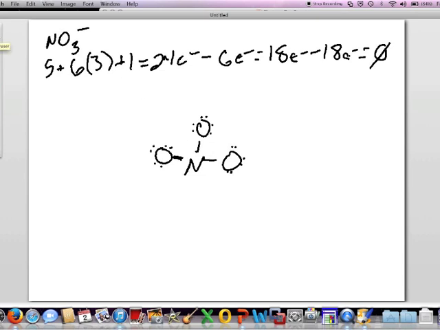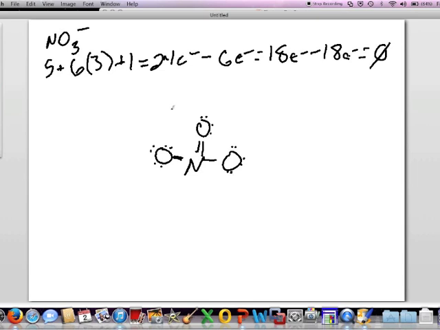So our rule tells us that if we are short an octet, we take one of our lone pairs from the terminal oxygen, it doesn't matter which one you choose, and you turn that into a bonding pair. Now our central atom has 2, 4, 6, 8, so it has an octet, and this oxygen has 2, 4, 6, 8, so everything still has an octet.